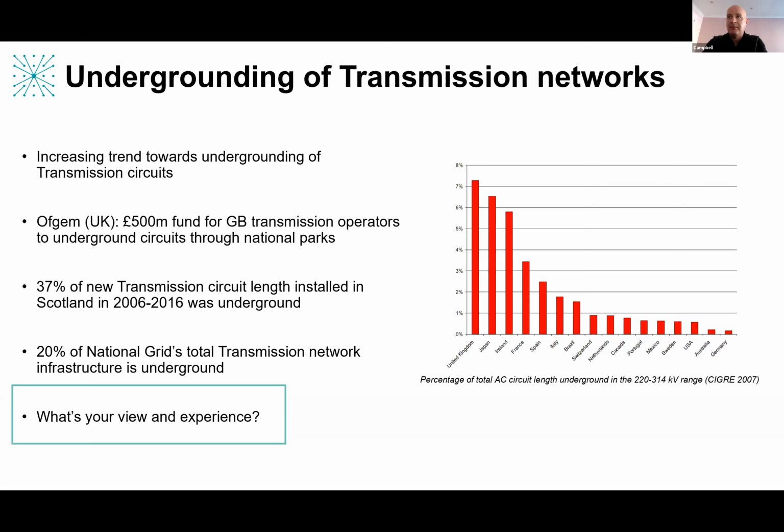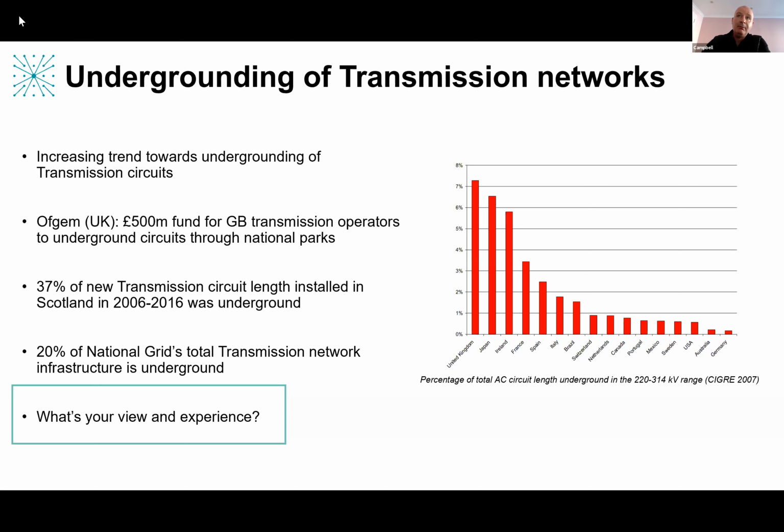Yeah, I think there's two more polls to be run while this slide is on, but it's clear that there's a lot of interest in this. There's a lot of attendees here today, so there's clearly quite a bit of interest in undergrounding and what the ramifications of that might be.